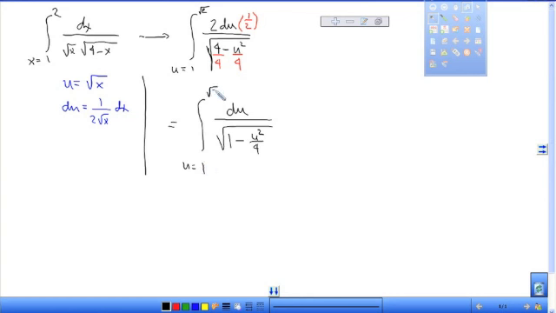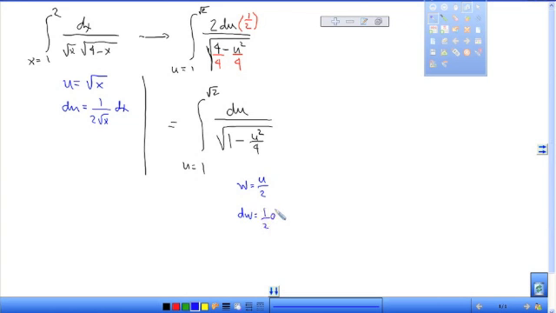of 2. Now this becomes a double substitution problem because in order to integrate this, I need to make this double substitution where w, in this case, is equal to u over 2. And that way when I do dw, I'm going to get dw as 1/2 du.